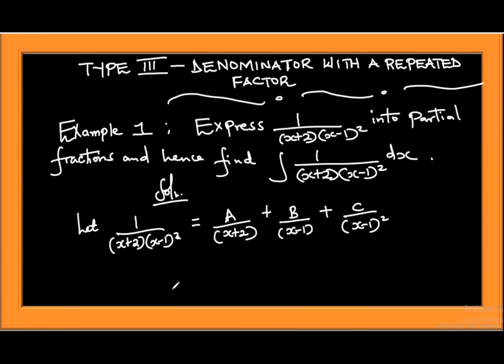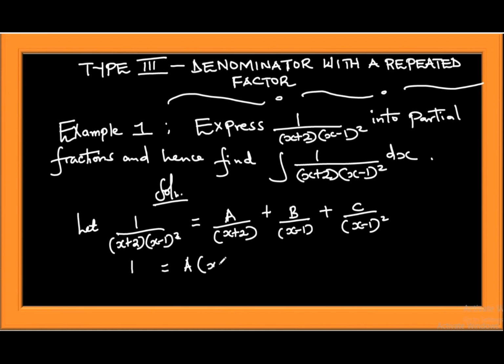The next step is realizing that on the left-hand side, we have a denominator x plus 2 into brackets x minus 1 squared. Should you get the LCM of the right-hand side, it is still the same as the denominator of the left-hand side, and therefore they will be cancelling out. That means we shall have 1 on the left equals a into, for you to get what you're going to write here, you simply get the LCM, which is x plus 2 into x minus 1 squared divided by x plus 2.